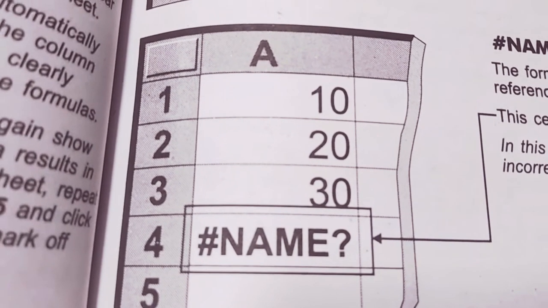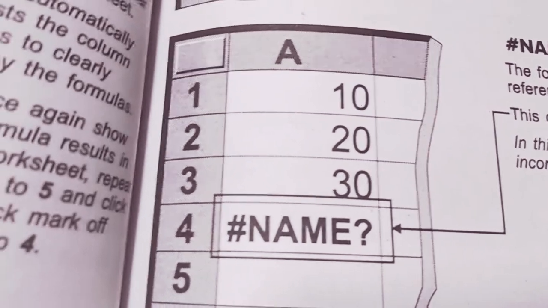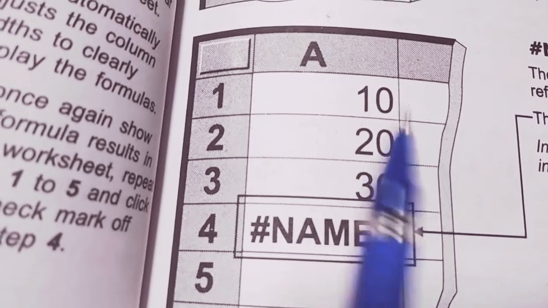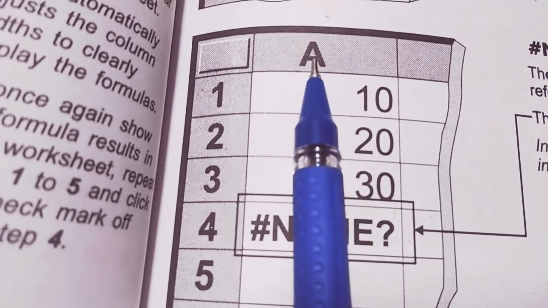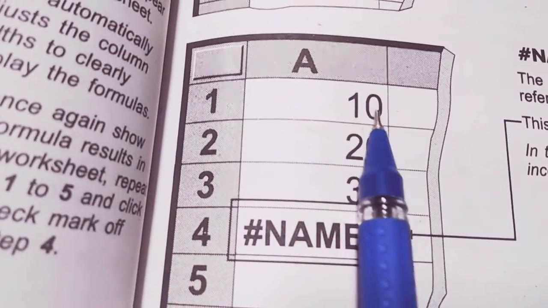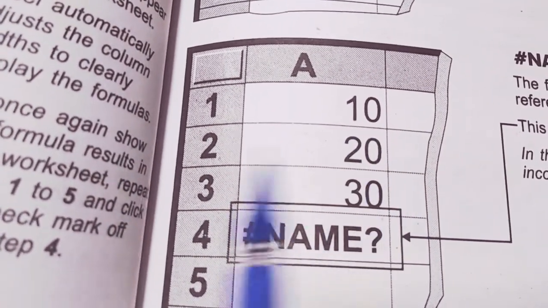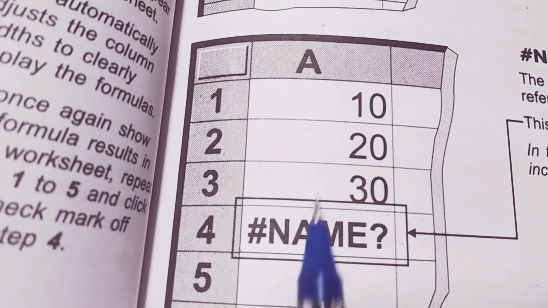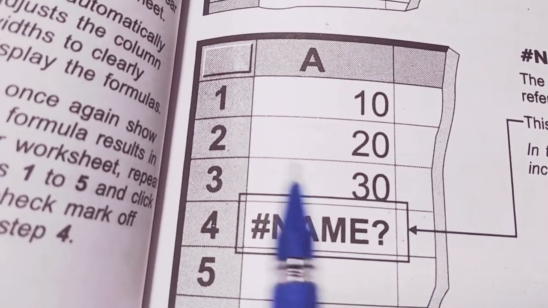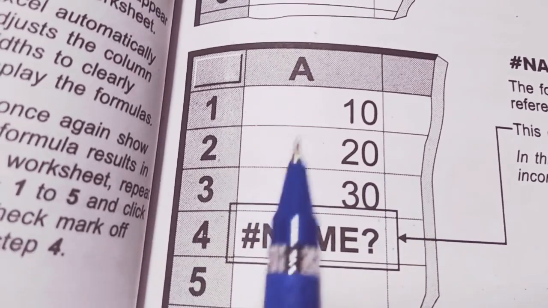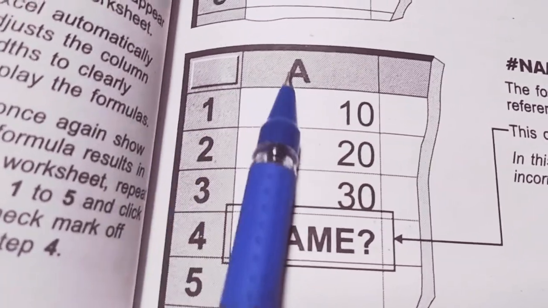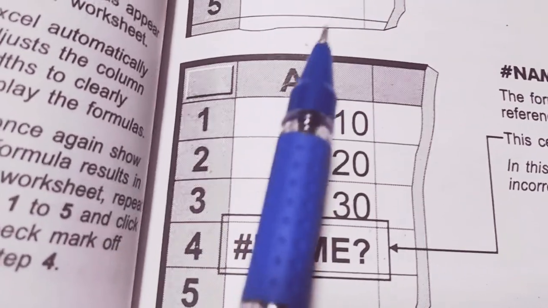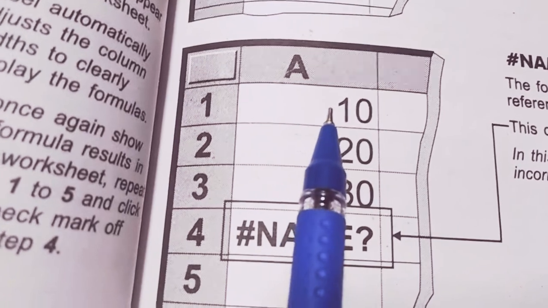After the divide error, we are going to discuss the name error. Here, A1 has 10, A2 has 20, A3 has 30, and A4 has an error. Why? I have already discussed that a cell name is a combination of horizontal and vertical, meaning row and column, and that is called the cell address.